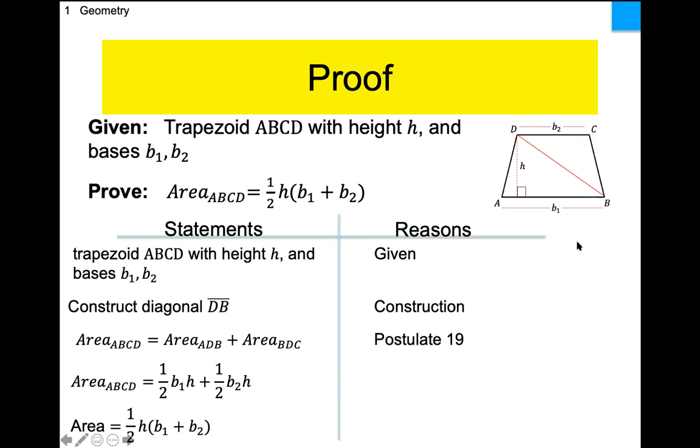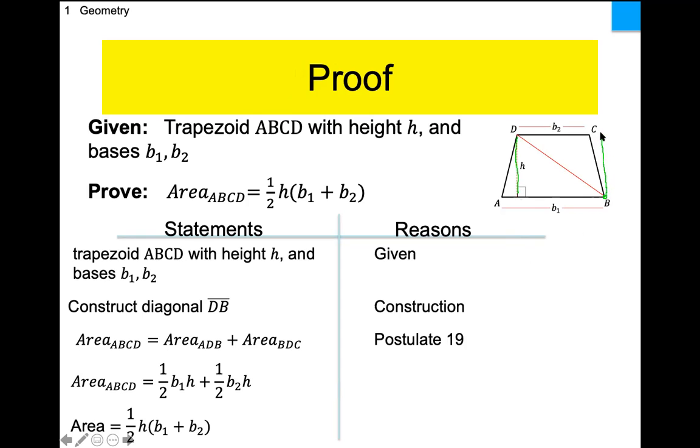But what we can say is that for each triangle, remember the area of a triangle is 1/2 base times height. So for the area of the triangle, you can see that this height is clearly marked, but the height for this triangle here on the right is not marked. Well, remember, the definition of height is the perpendicular distance between the vertex, B is the vertex, and the opposite side.